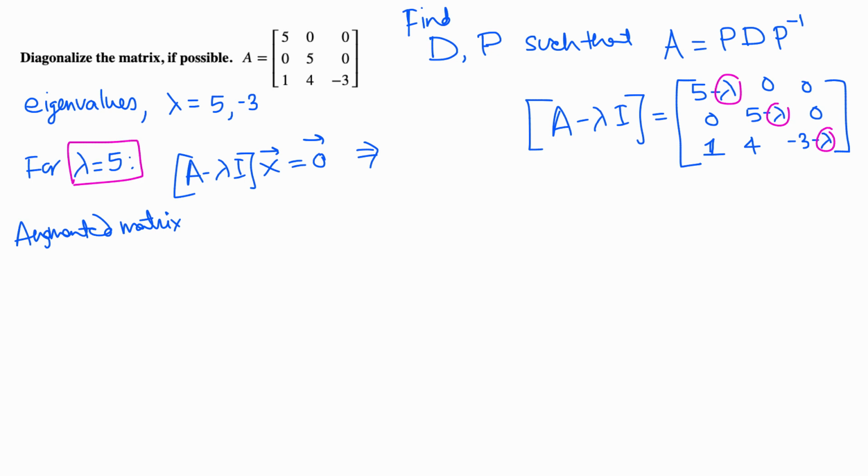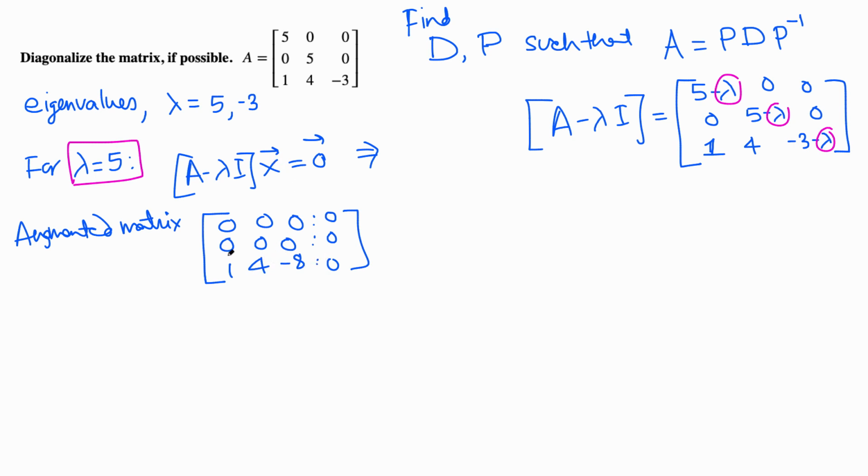That gives 5 minus 5, 0, 0; 0, 5 minus 5, 0; 1, 4, negative 3 minus 5, which is negative 8. Augmented means we don't need to write x, so 0 0 0. Now we do the row reduction and solve.